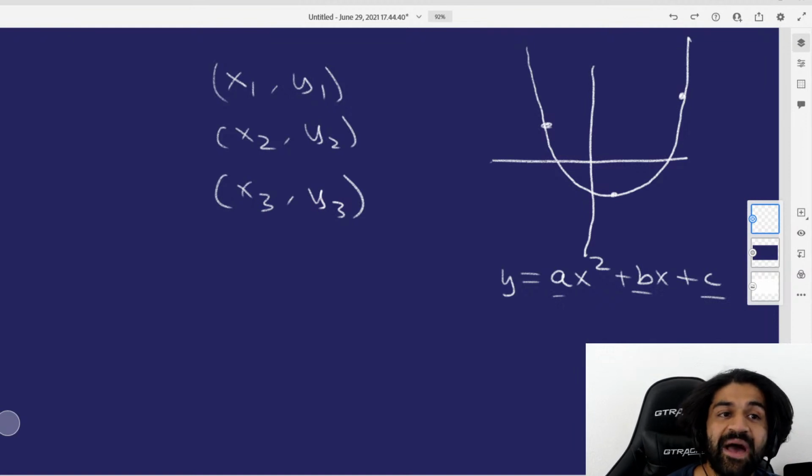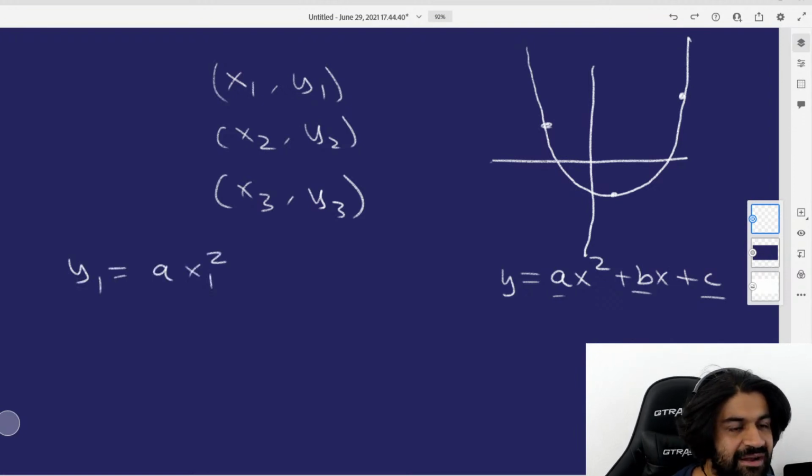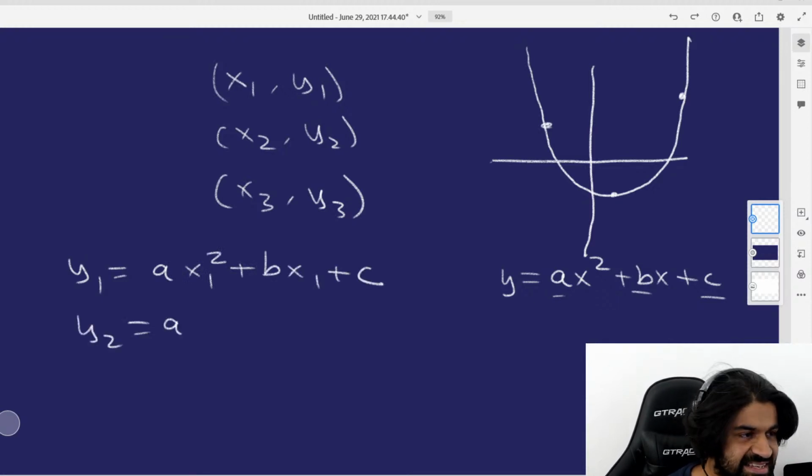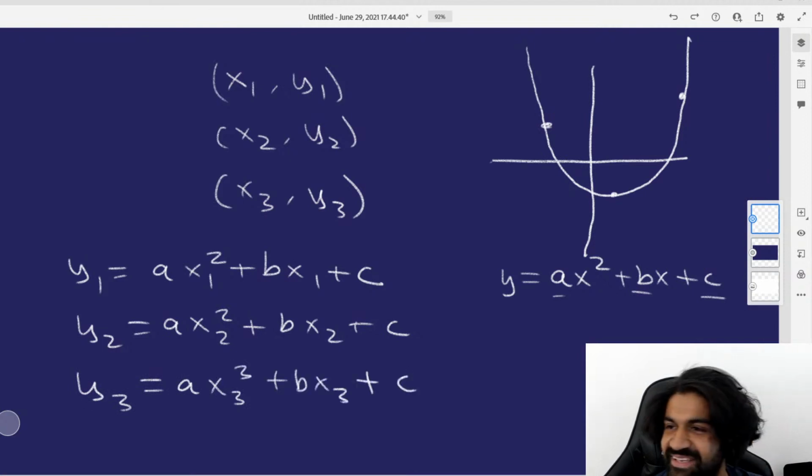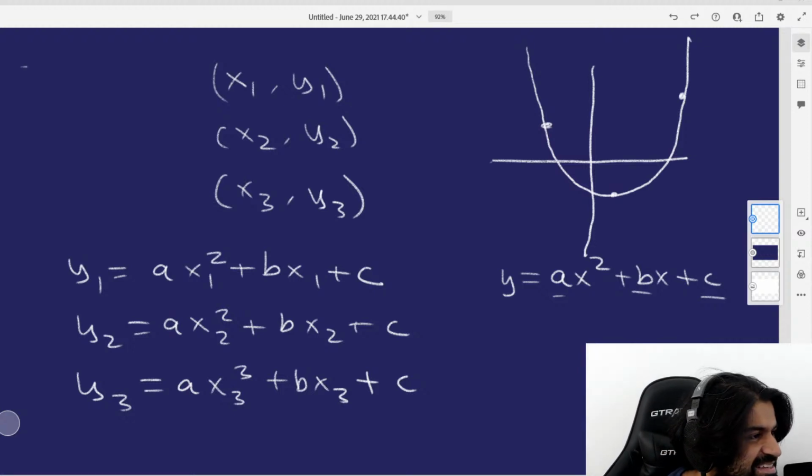Now, if the quadratic is to pass through these 3 points, that really just means that y1 has to equal ax1 squared plus bx1 plus c, and y2 simply has to equal ax2 squared plus bx2 plus c, and y3 simply has to equal ax3 squared plus bx3 plus c. Okay, and I'm sure if you've been paying attention, you see it. There's a linear system of equations hidden inside here. Let's write it out real quick.